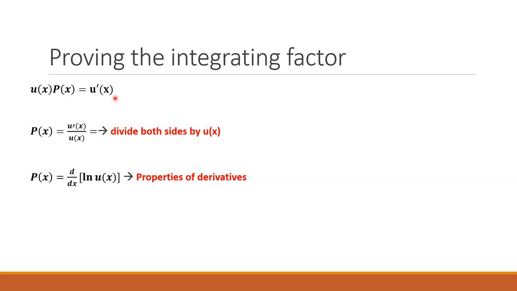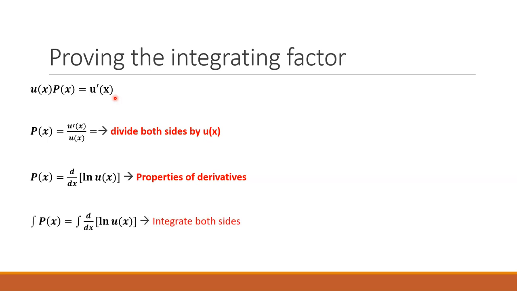Now, if we take this and we're trying to solve for u of x, trying to put everything in terms of u of x, what we can do to get rid of that derivative on the right side of the equation is to integrate both sides. The integral of p of x is equal to the integral of the derivative of natural log of u of x with respect to x.